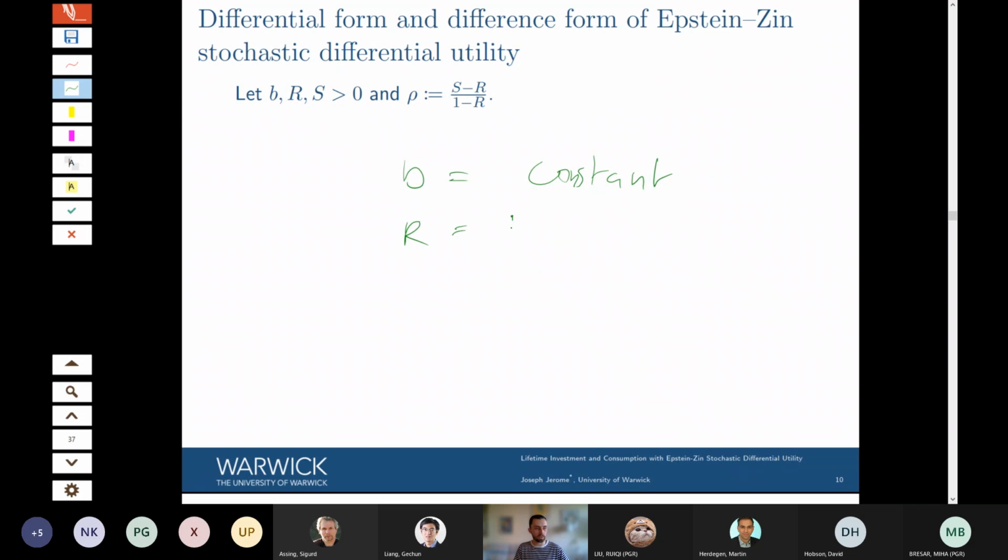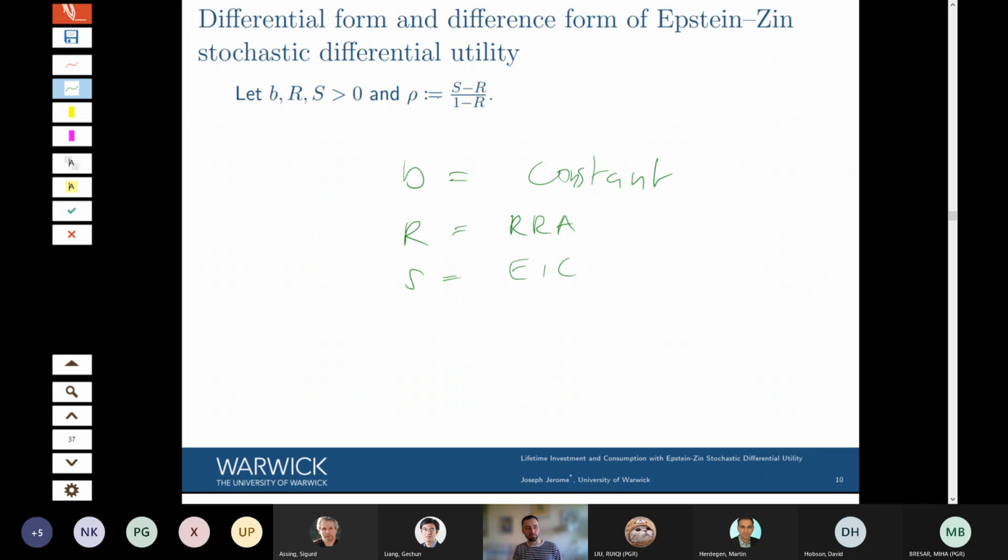R is going to be equal to the coefficient of relative risk aversion that I introduced before. And again, it is positive because we've got a risk-averse agent. And S is going to be equal to the elasticity of intertemporal complementarity, which is this measure of how averse we are to our processes varying over time.